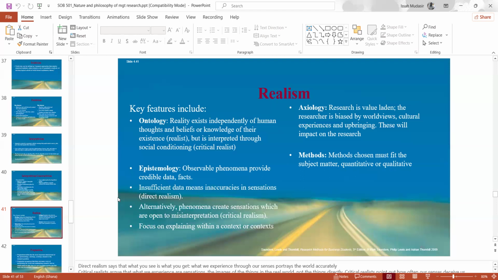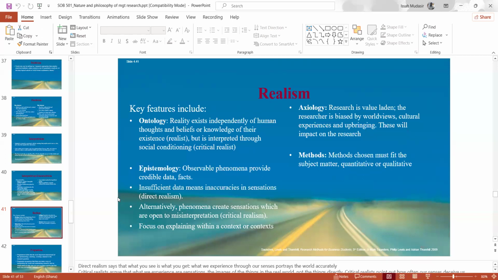The critical realist. In terms of epistemology as well, we have the direct realist who will say that we may have insufficient data to correctly define and inquire into knowledge.